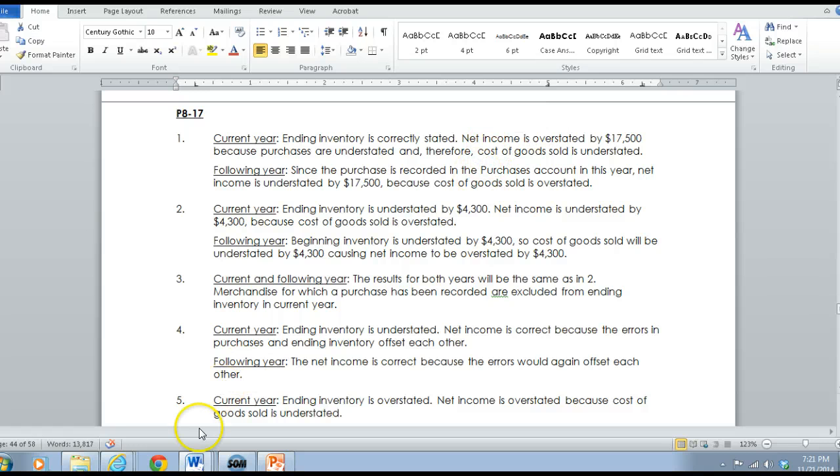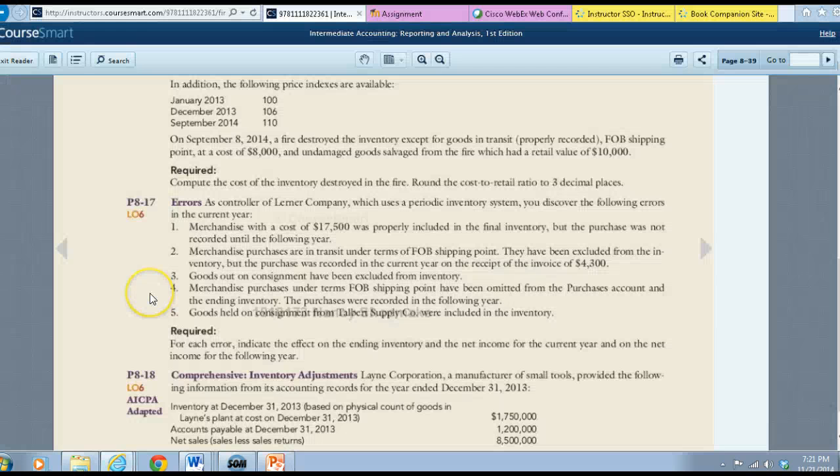Okay? The next one says merchandise purchases are in transit under terms FOB shipping point. So FOB shipping point means we're going to pay for the shipping, which means we should have title. They've been excluded from the inventory, but the purchase was recorded in the current year on the receipt of the invoice of $4,300.